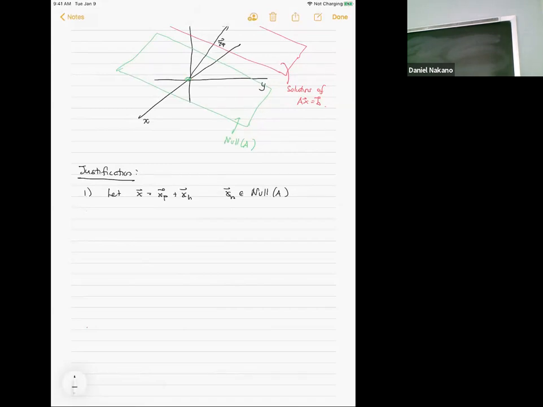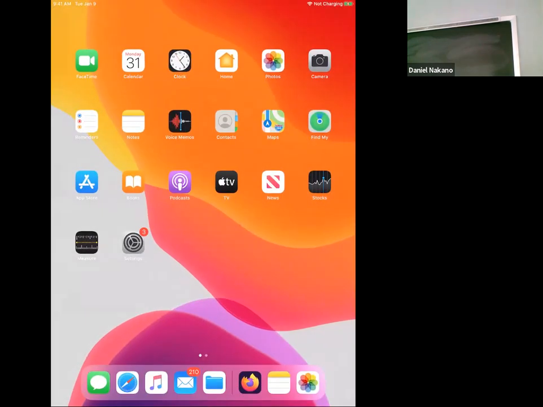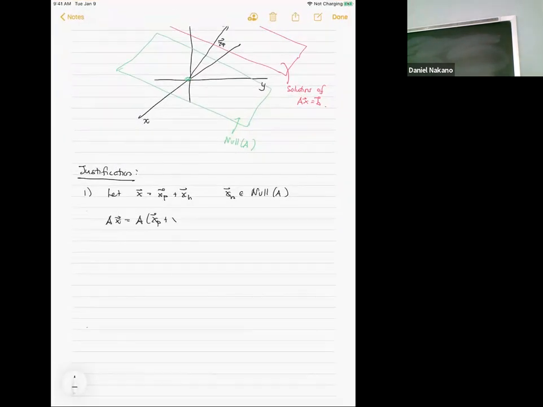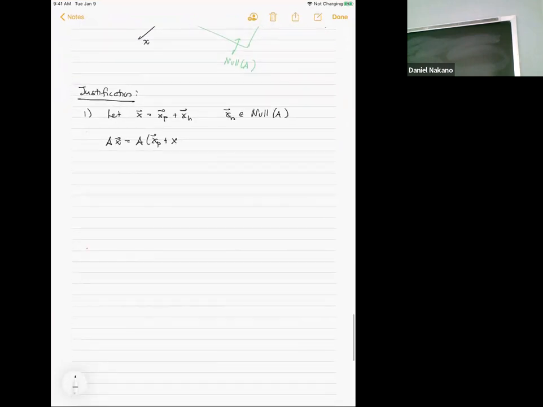Because if I take A times X, this is A times the particular solution plus the homogeneous solution. And you could show that you can bring these out individually.